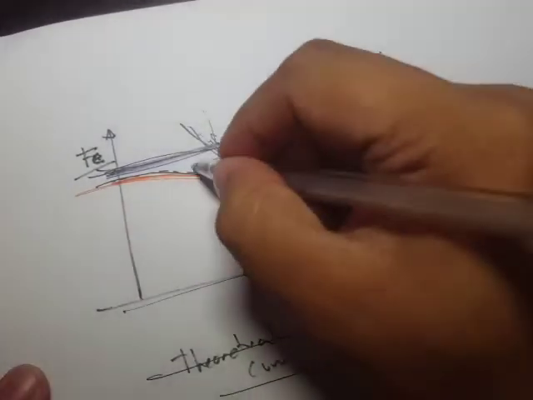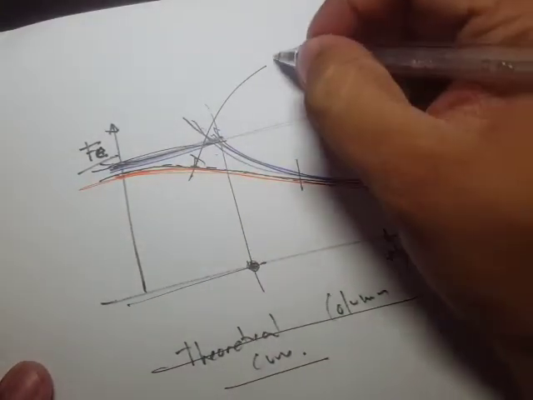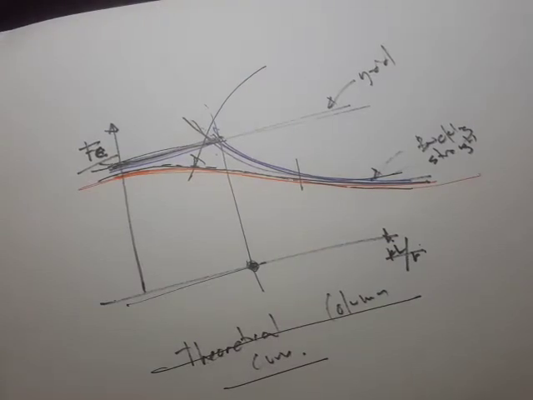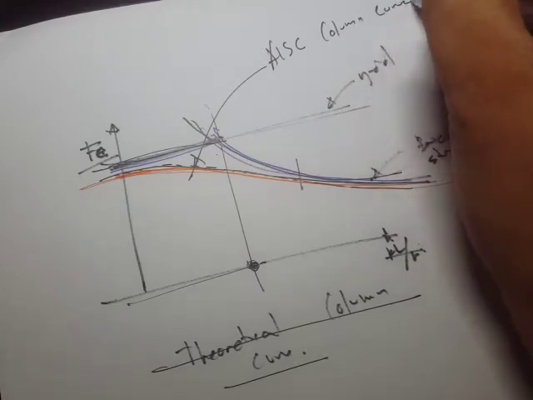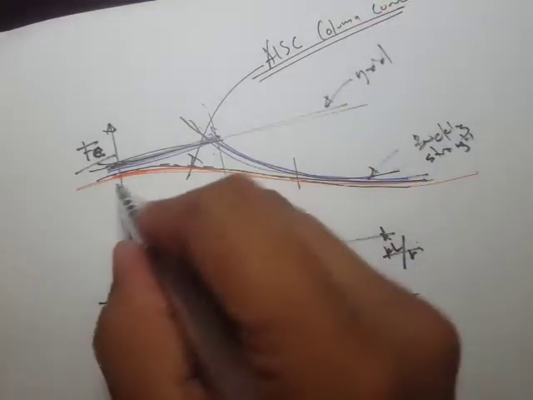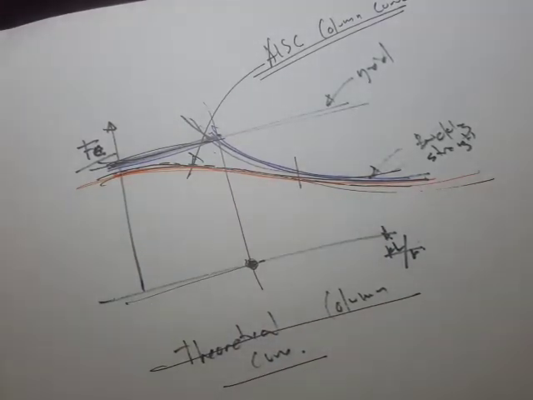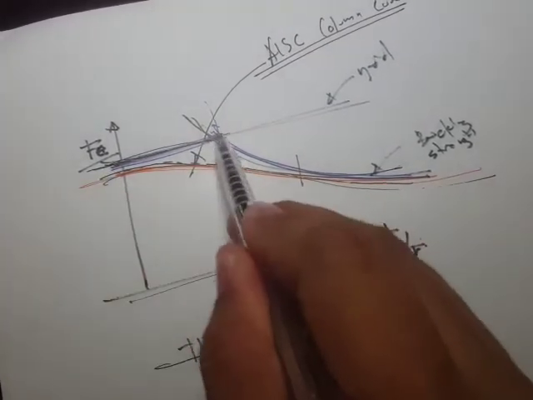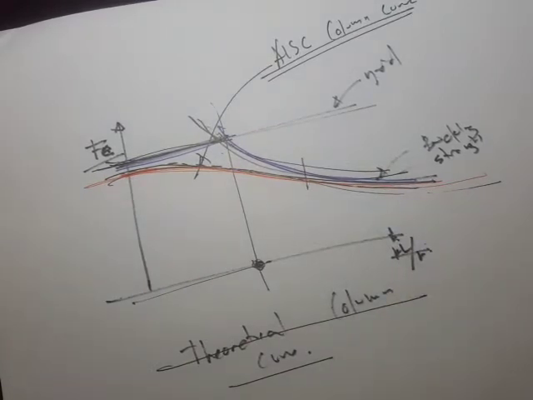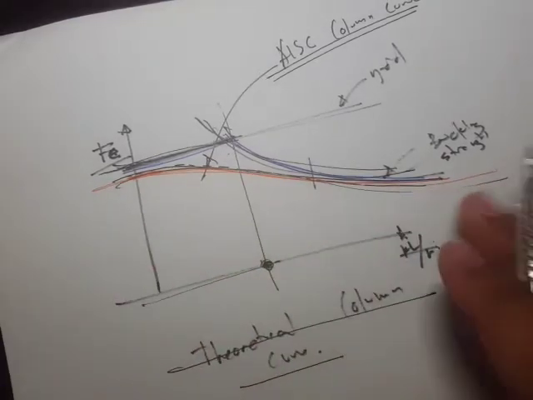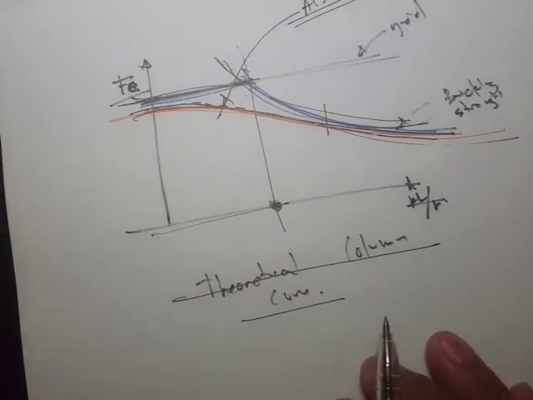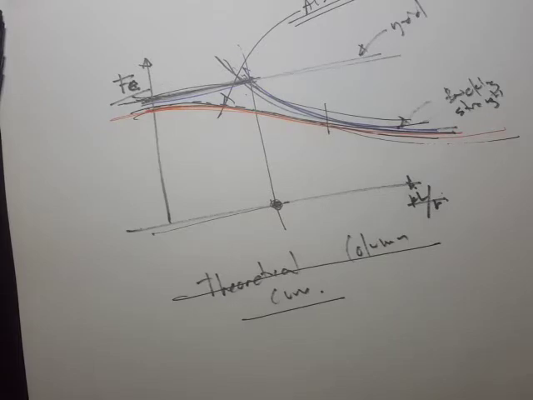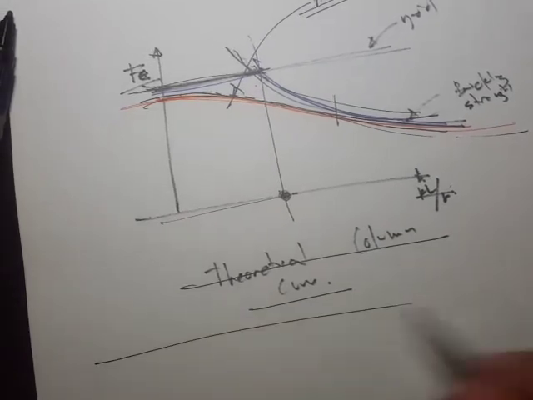Now this curve is referred to as the AISC column curve. So actual columns are based here, while for theoretical columns, this is the curve. We'll get into the details of this AISC column curve later, but for now, we'll move our discussion to derivations and the code provisions.